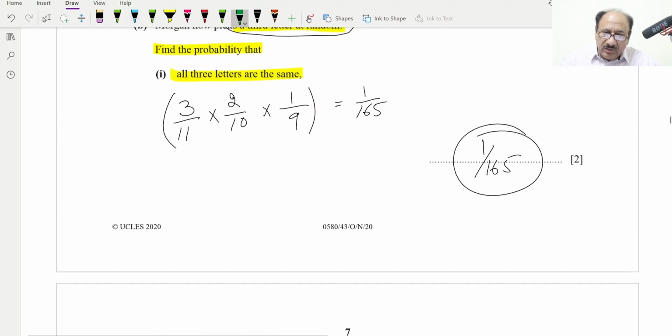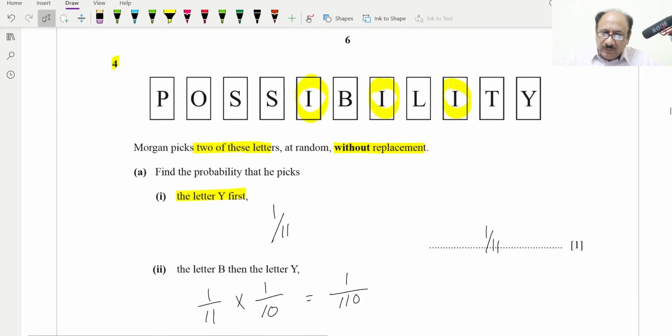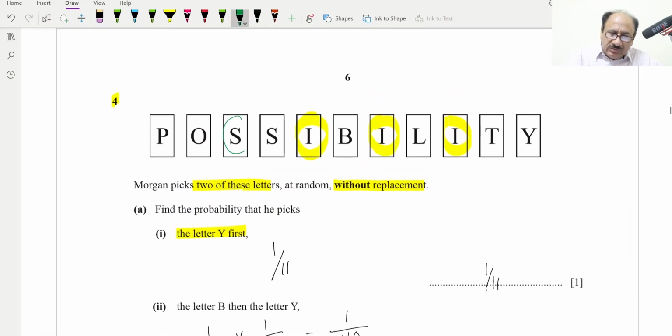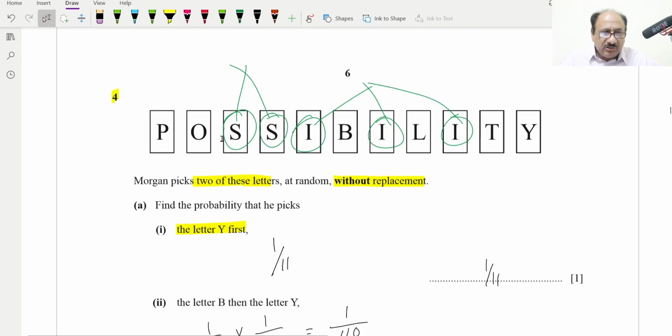So from here, if I show you again this one, this is S and S, these two can come, and then these are I and I, so these three can be repeated and these two S can be repeated.